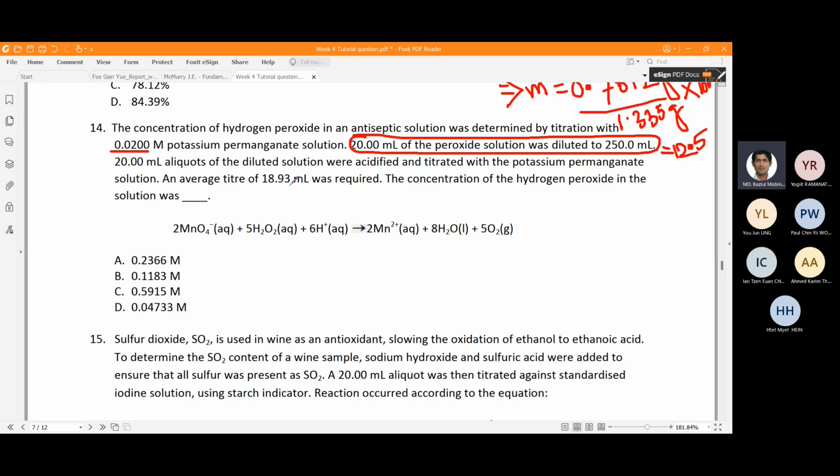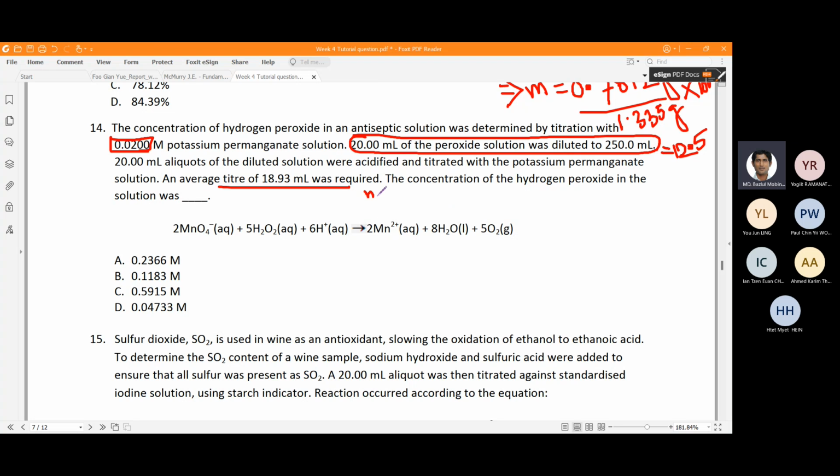It's potassium permanganate, right? And this is the peroxide solution. So this is the potassium permanganate solution required, which has a concentration of 0.02. So what is the concentration of hydrogen peroxide in the solution?